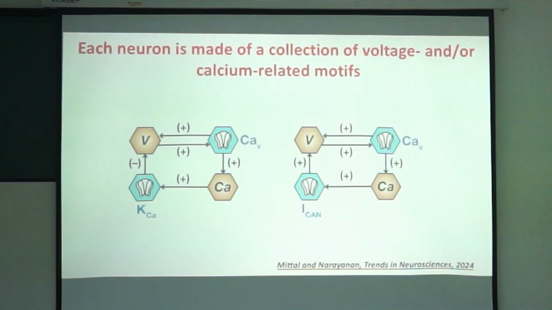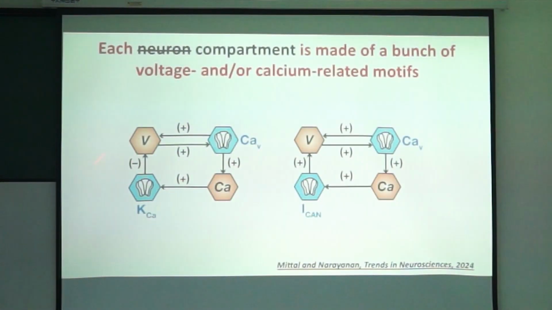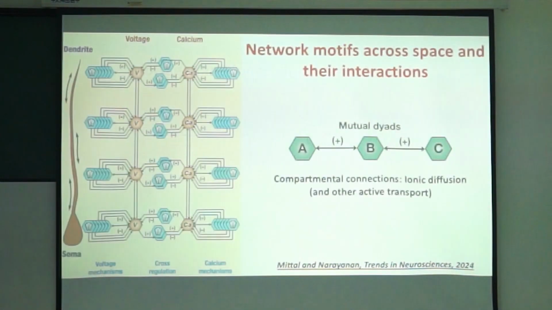So you can think of a neuron as a collection of voltage or calcium related motifs. But as we saw, neurons have dendrites, which means that each and every compartment, not just every neuron, is made up of several different motifs. So you could think of a neuron as a conglomeration of different voltage and calcium dependent mechanisms implementing these motifs.